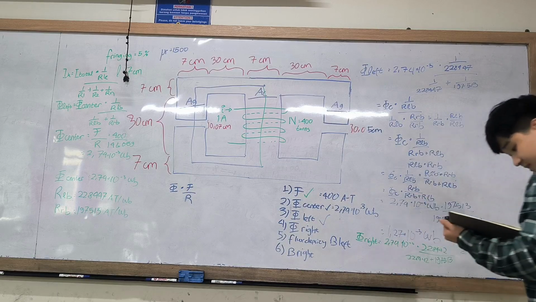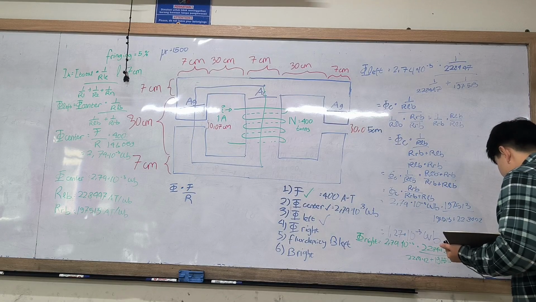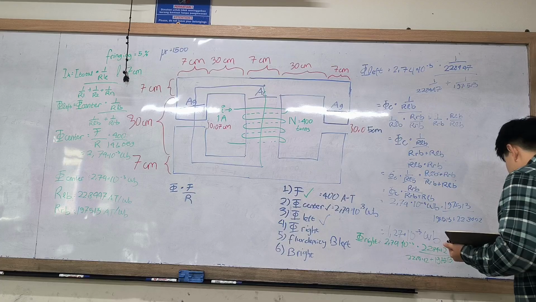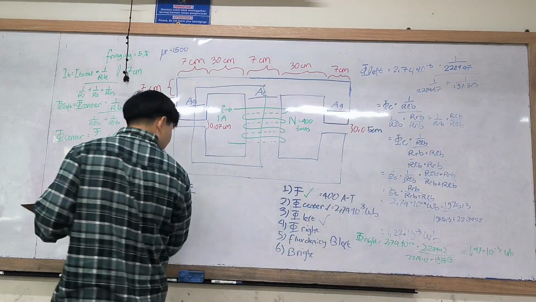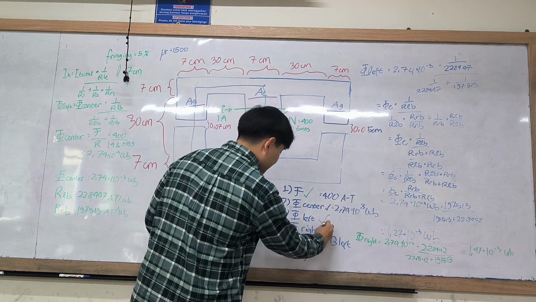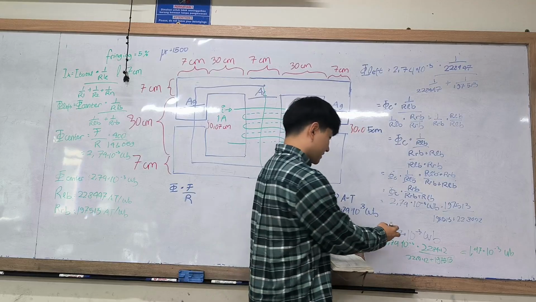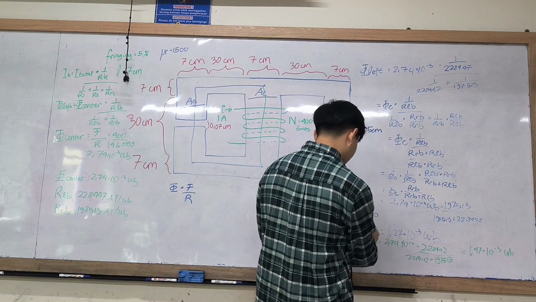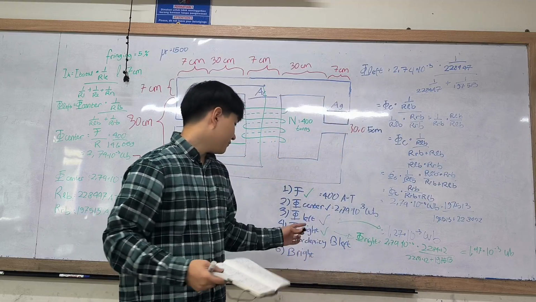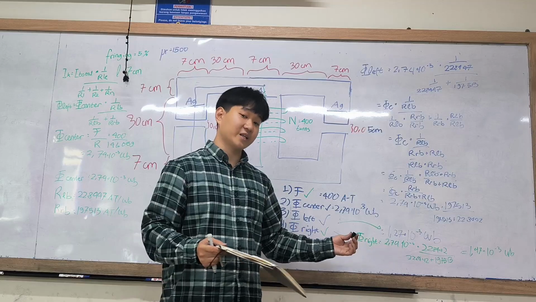The result is 1.47 times 10 to the power of negative 3 Webers. So we have found the left magnetic flux, so this one is the left one, and this one is the right one. And now we have to find the flux density of the left branch and the flux density of the right branch.